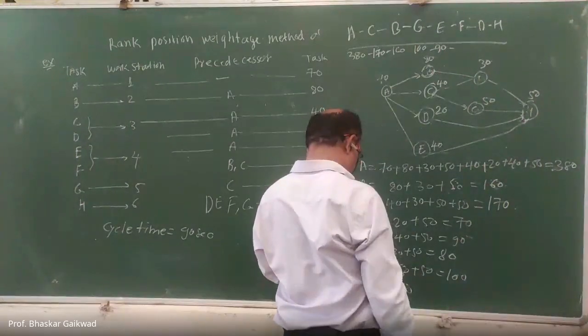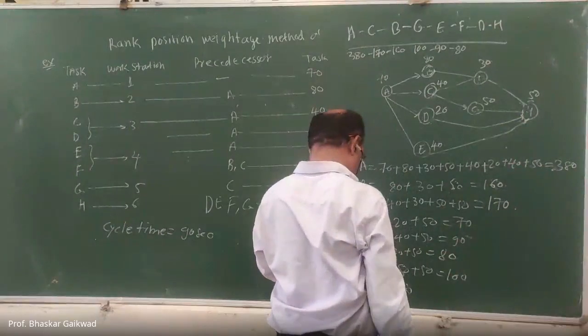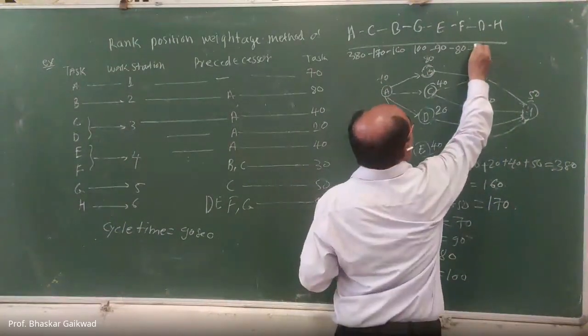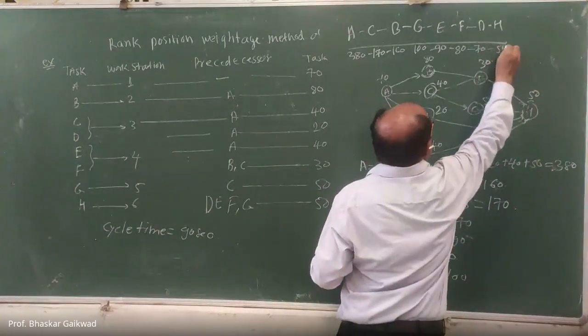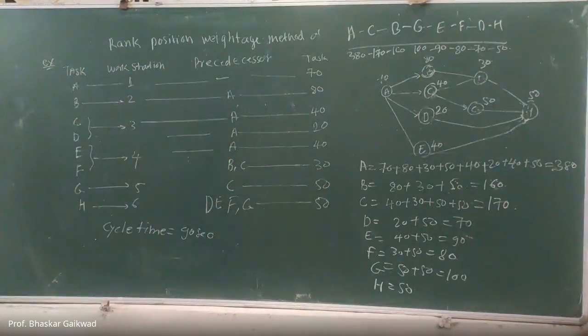Yeah, 80, D 70. Correct. So in this sequence, we can make it, and after this sequence, you have to go for making the stations.